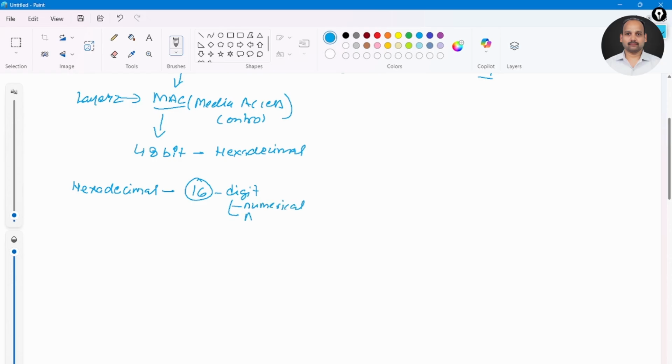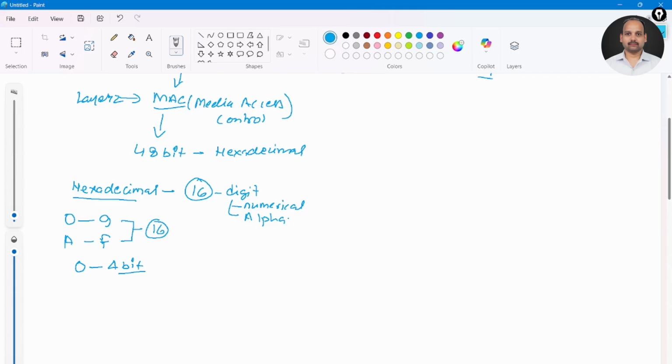Its digits can be numerical or alphabetical, so hexadecimal is defined as a mix. The numeric can be from 0 to 9 and the alphabet can be from A to F, so the total is 16 digits. In hexadecimal, each digit uses 4 bits of memory.